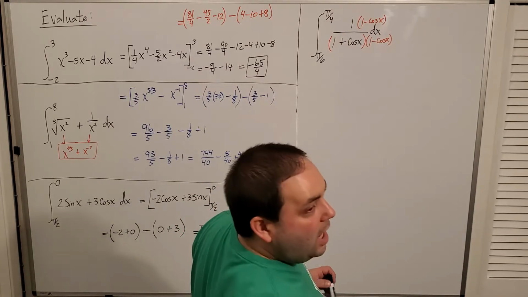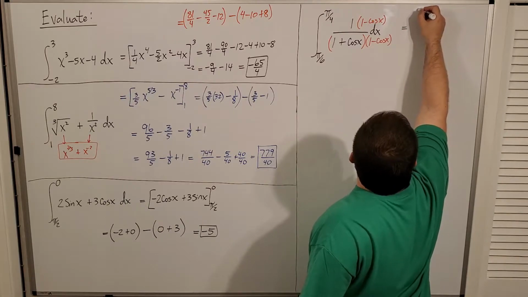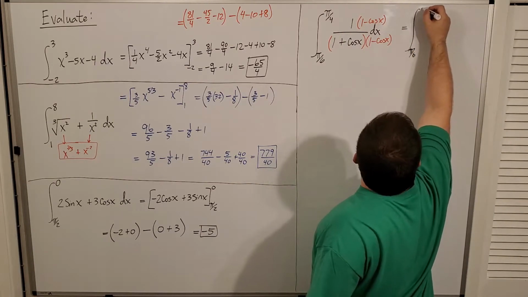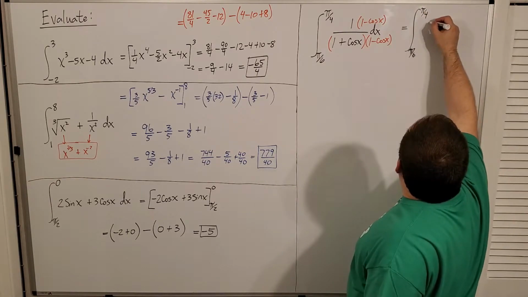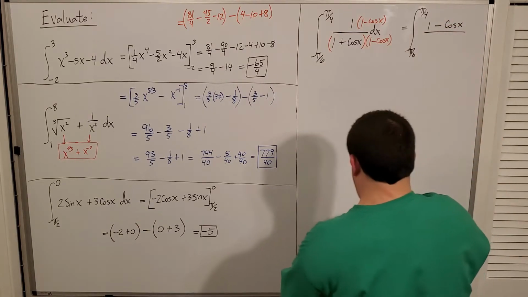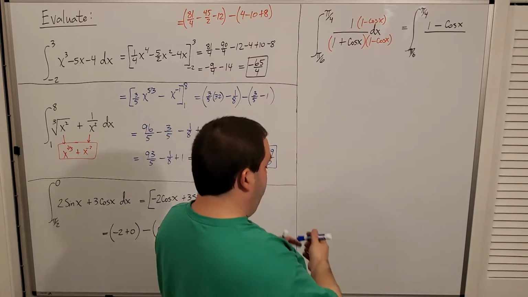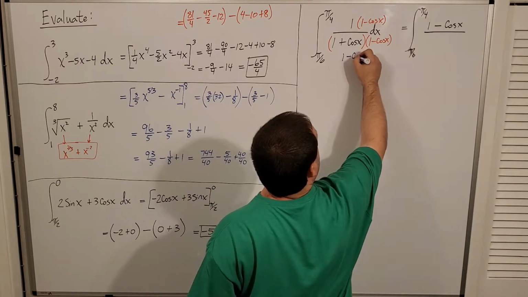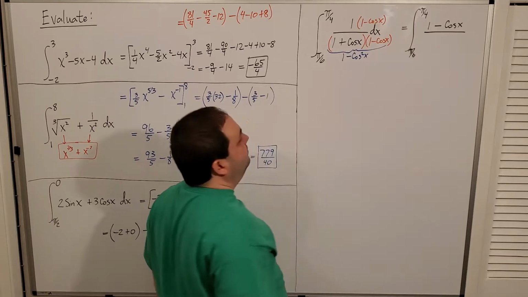So then what I end up with is the integral from pi over 6 to pi over 4 of 1 minus cosine x over, now real quick, remember that when you multiply conjugates, you get a difference of squares. I'm going to get 1 minus cosine squared x from this multiplication.